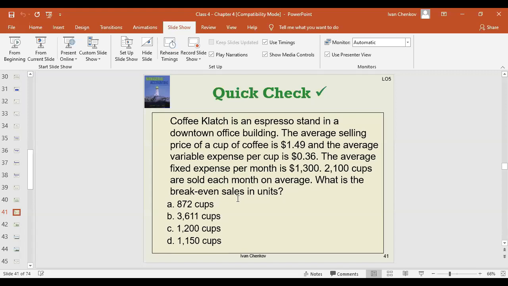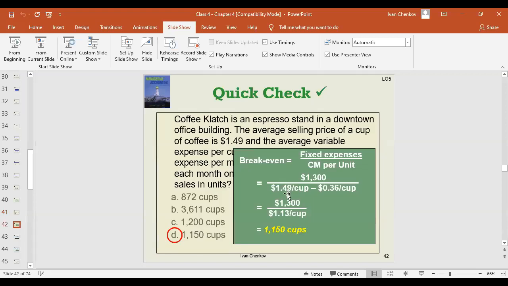Good. Everybody get the 1,150? Okay, good. This is the explanation: fixed cost divided by contribution margin per unit.